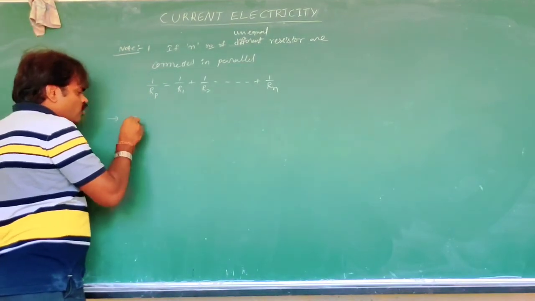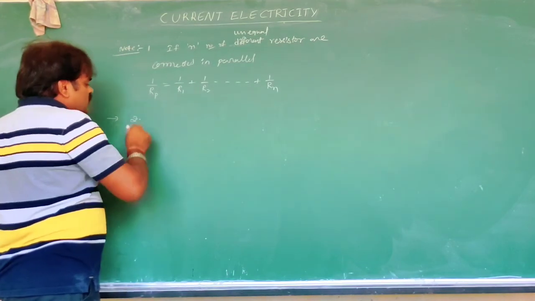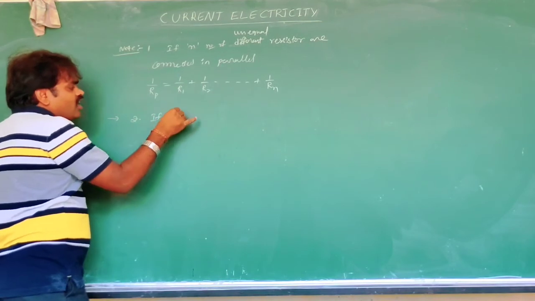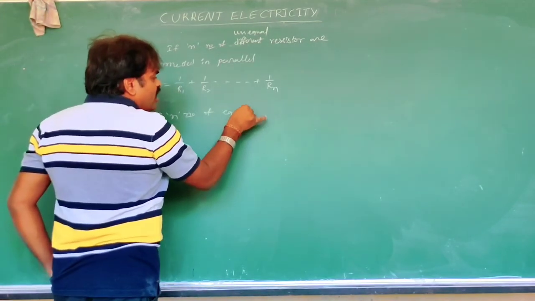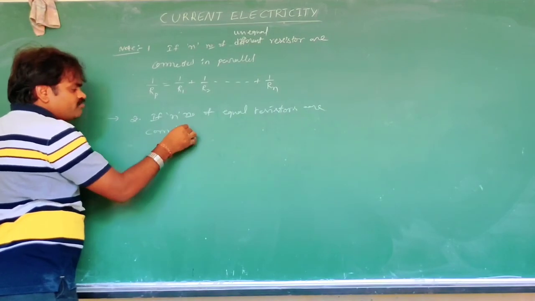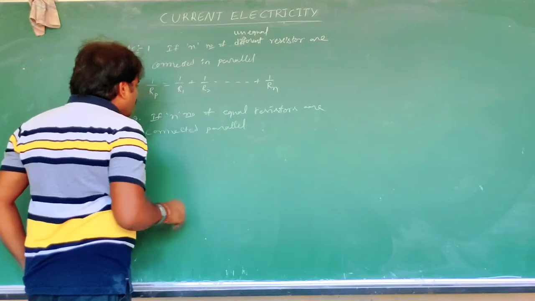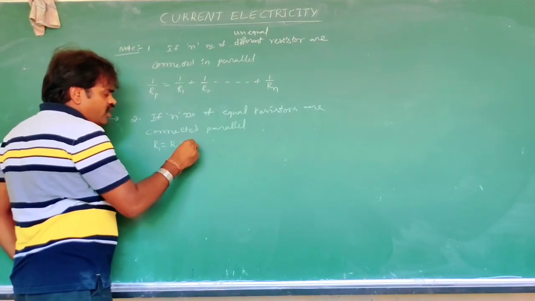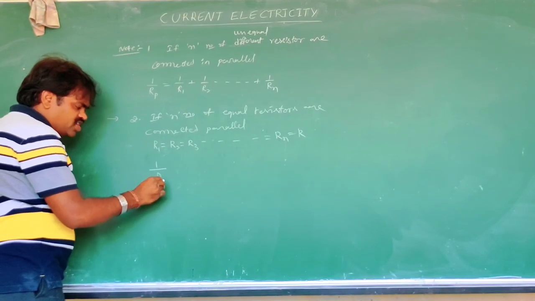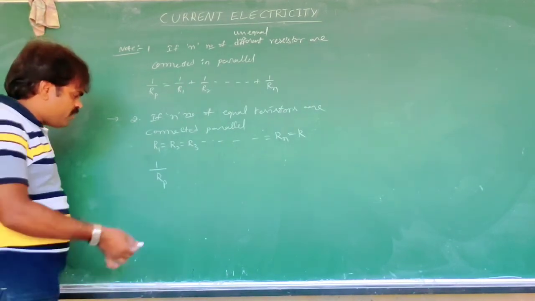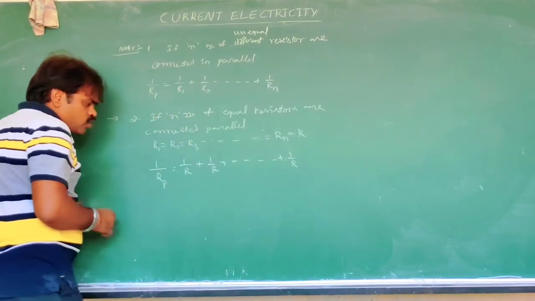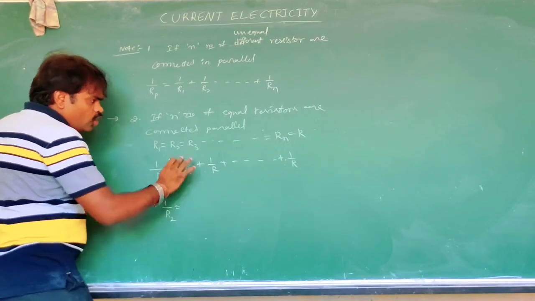Second note: if n number of equal resistors are connected in parallel, that is, R1 is equal to R2 is equal to R3 is equal to dash as Rn, which must be equal to R. Then the reciprocal of the equivalent resistance in the parallel combination is equal to 1 by R plus 1 by R plus dash dash dash plus 1 by R. That means we can take here, 1 by Rp is equal to total how many R's?